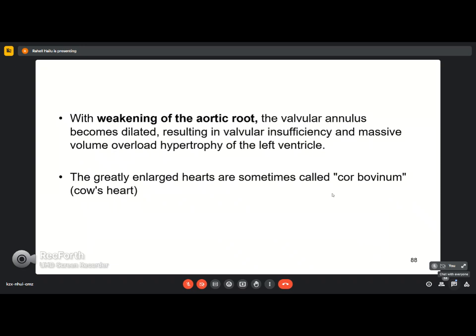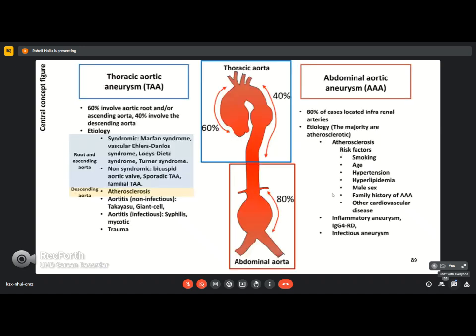The aortic annulus is the region of the aortic root, as you know, and it can become dilated, causing valvular insufficiency, massive volume overload, and hypertrophy of the left ventricle. This hypertrophy as a result of syphilitic aneurysm is known as cor bovinum, or cow's heart, because of the massive overload.